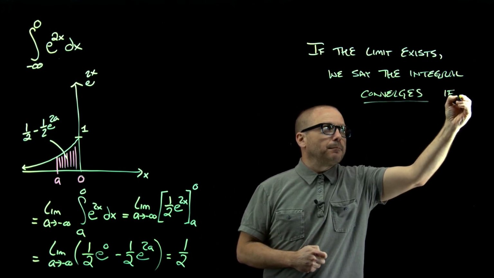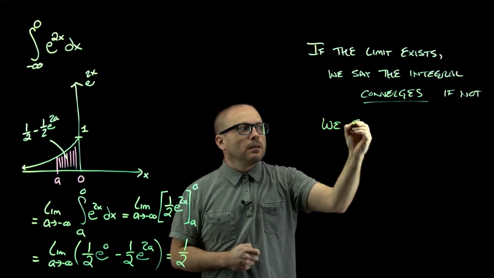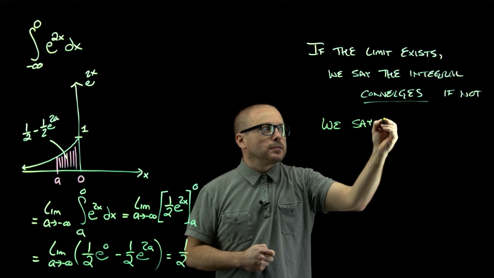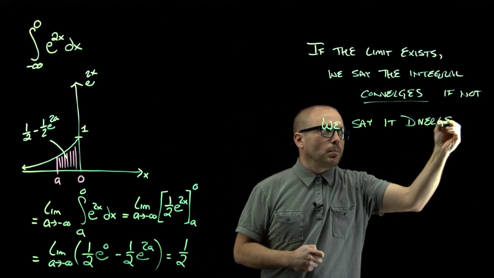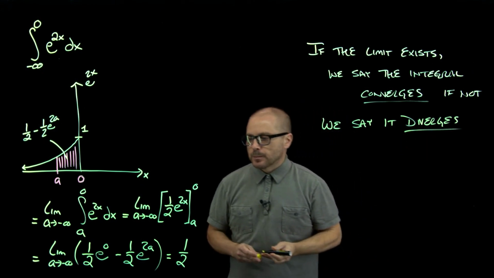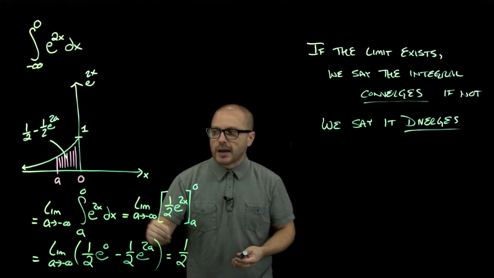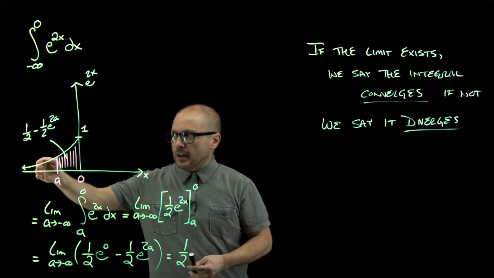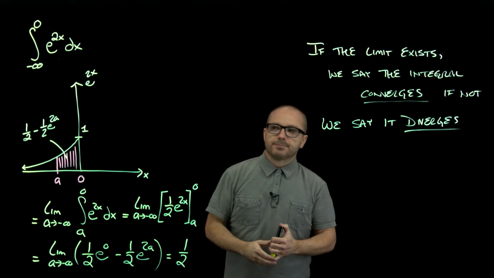If not, we say it diverges. So what we have here is a convergent integral. It's converging to 1/2. The value, as we take that out farther and farther, is converging on the value of 1/2. So it's a convergent integral.